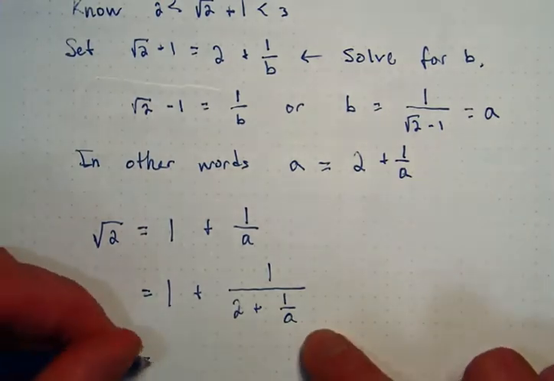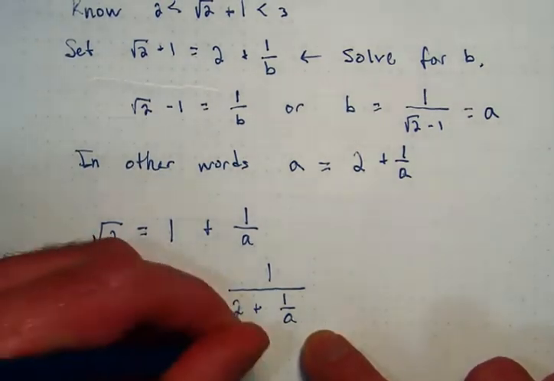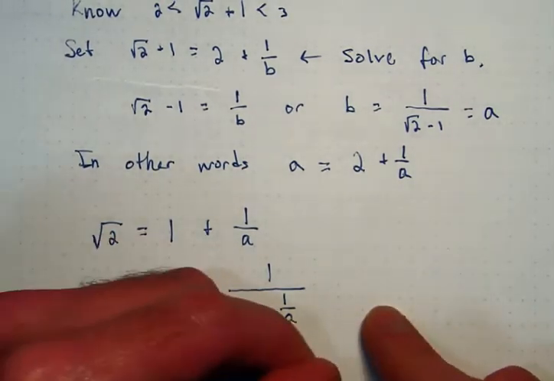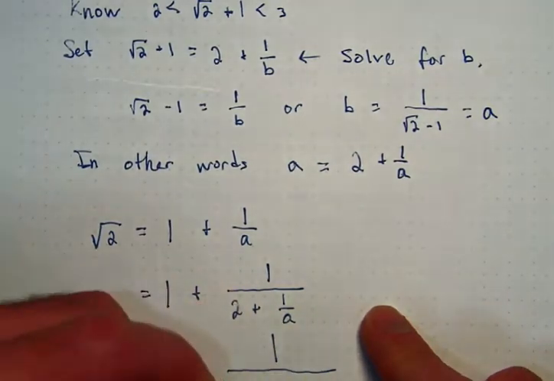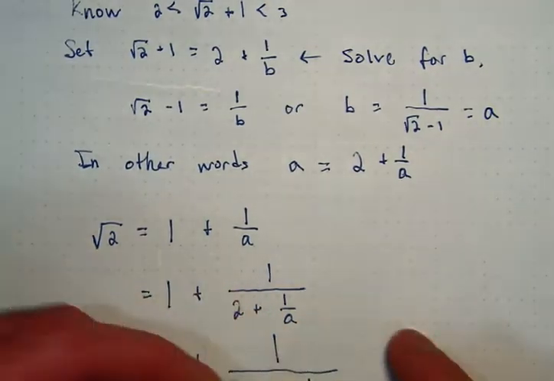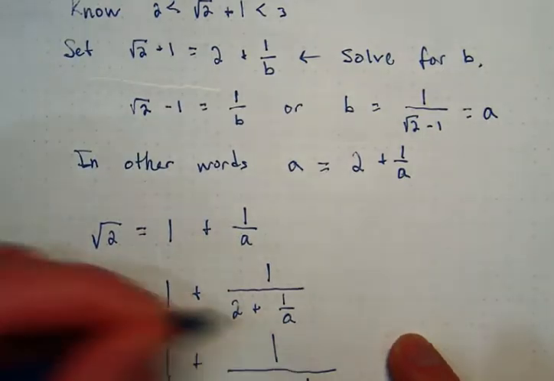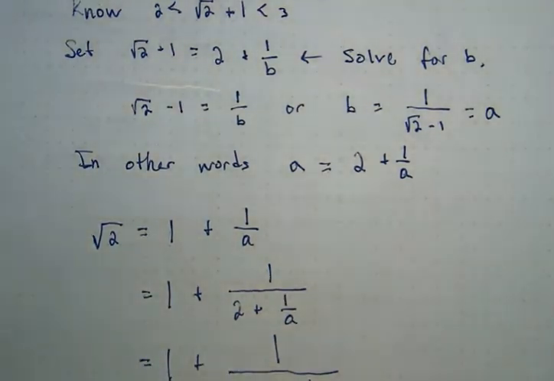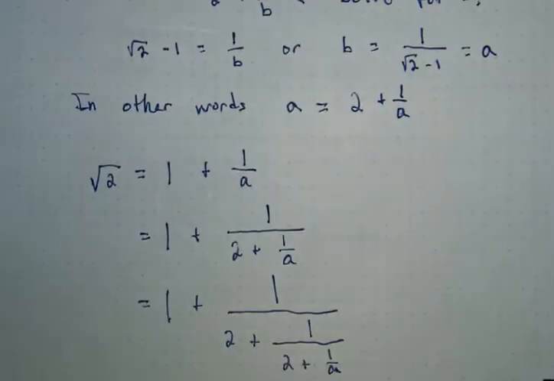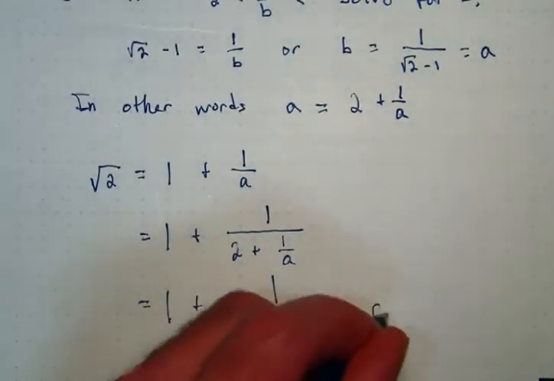And then I can replace that a. So 2 plus 1 over, instead of writing an a, I'm going to do 2 plus 1 over a. And then I could keep doing that. I could keep repeating that process forever.